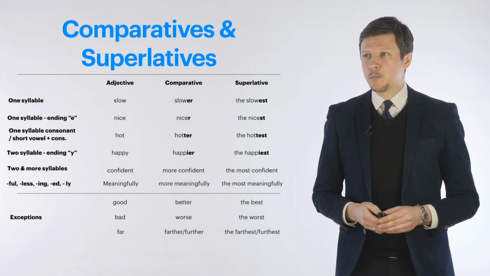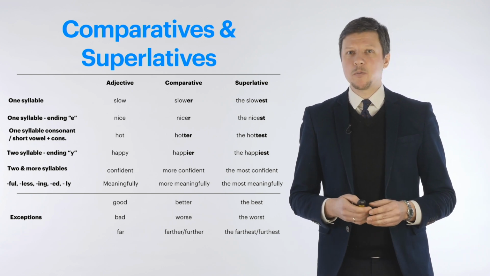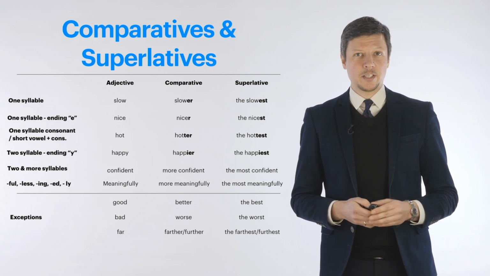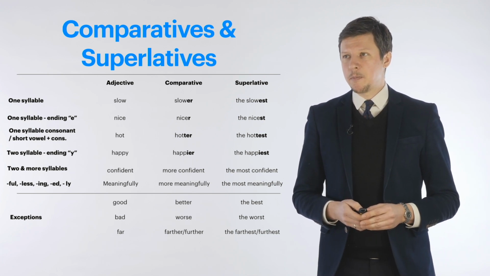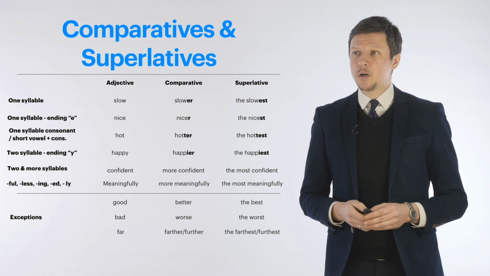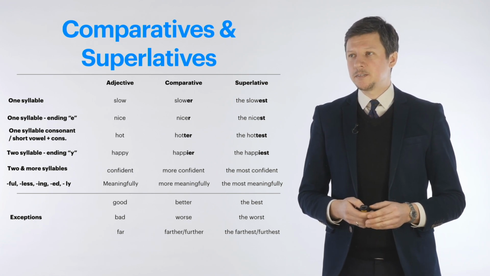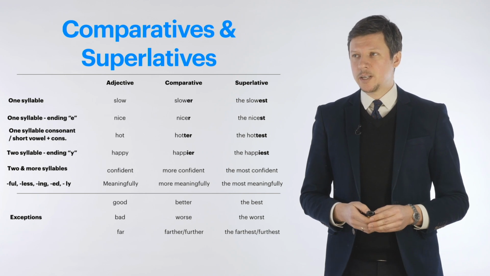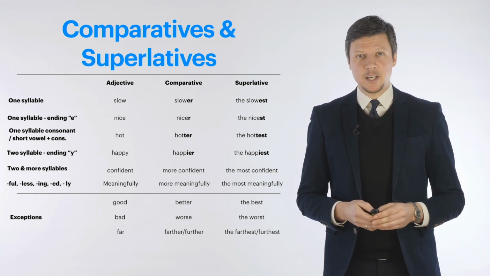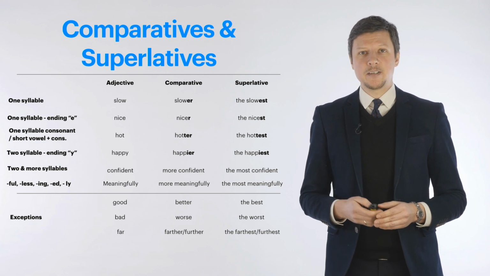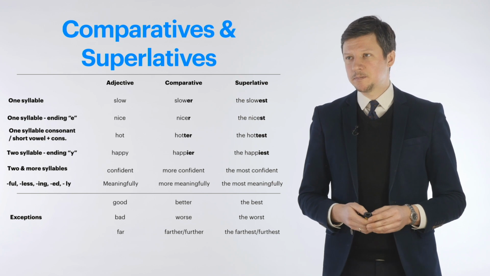Here's a table that compares all the different variants, how we can conjugate adjectives using the comparative and the superlative forms. For example, if it's a one-syllable adjective, slow, we add ER, slower, or EST, the slowest. If it's a one-syllable adjective ending with an E, we add R or ST, nice, nicer, the nicest.